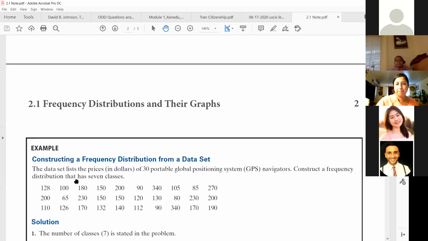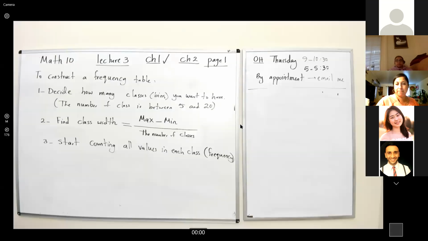Construct a frequency distribution that has 7 classes. So note that in this example, the number of classes is given, it is 7. Well, let us list these numbers and try to construct the frequency table.